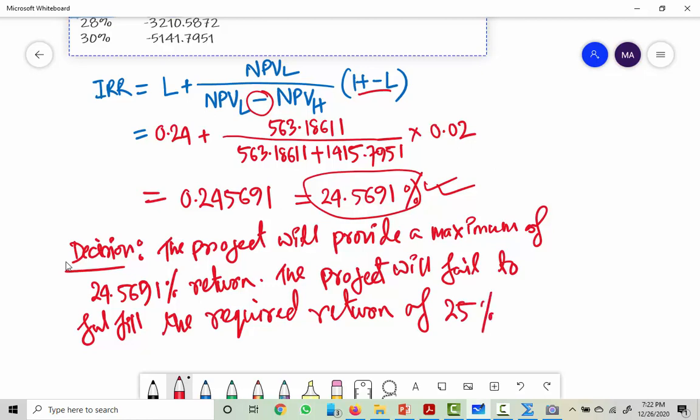We needed 25% return from the project, but as we can see, the maximum we can get from the project is 24.5691 percent. So the project will fail to fulfill the required return of 25%.